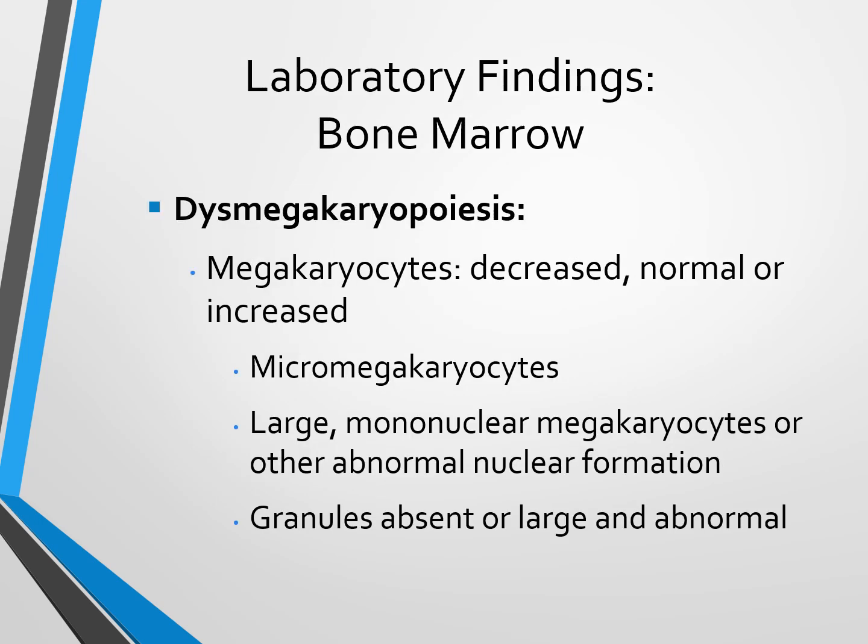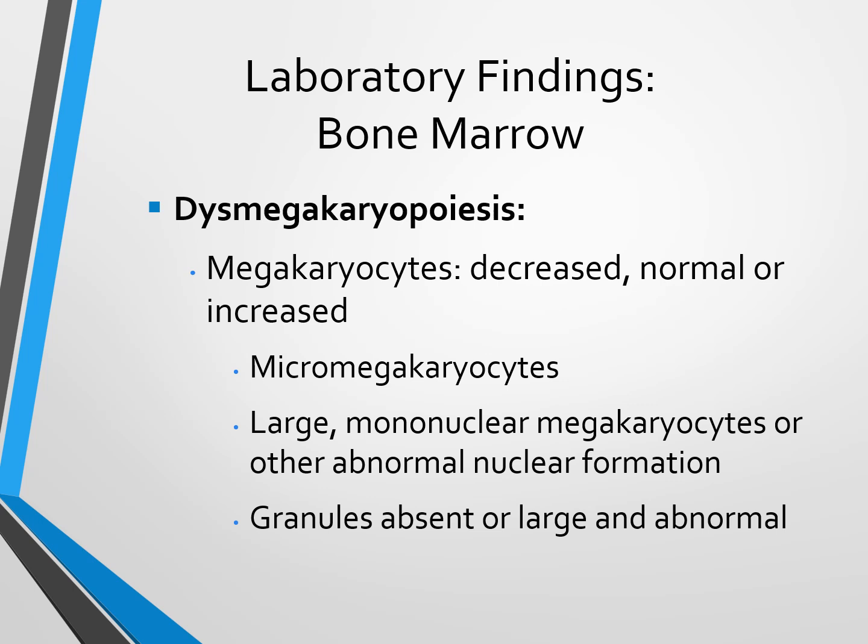With regard to megakaryocytes, we are going to see dysmegakaryopoiesis in the bone marrow. This is where we're going to see decreased megakaryocytes. They may be normal or increased as well. We might see micromegakaryocytes in the bone marrow. We might see large mononuclear megakaryocytes or other abnormal nuclear formation.